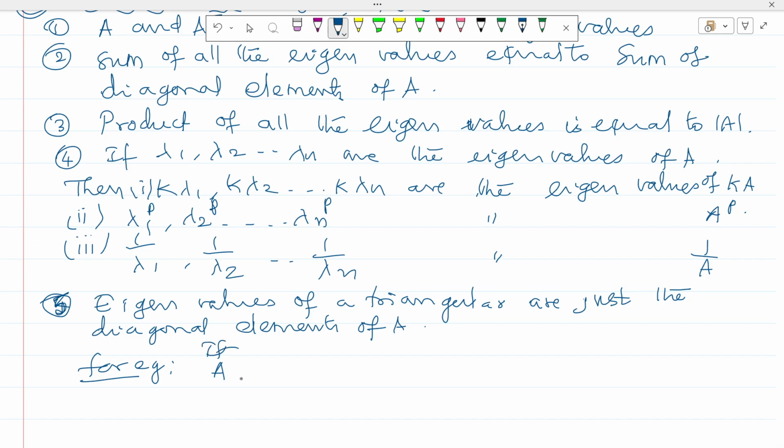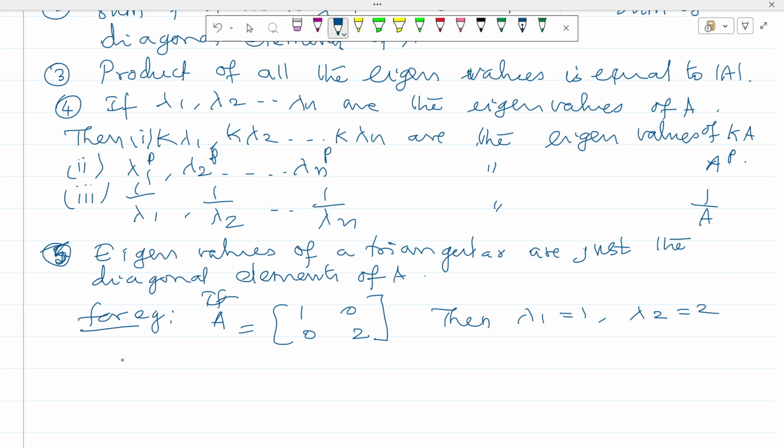See, for example, if A equal to 1 0 0 2, it is a diagonal matrix. Other than the diagonal, all elements are 0, only diagonal elements are there, then the eigenvalues are lambda 1 equal to 1, lambda 2 equal to 2.